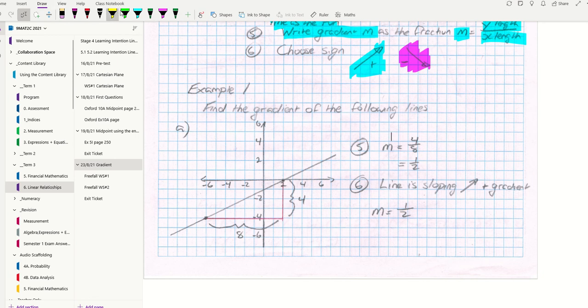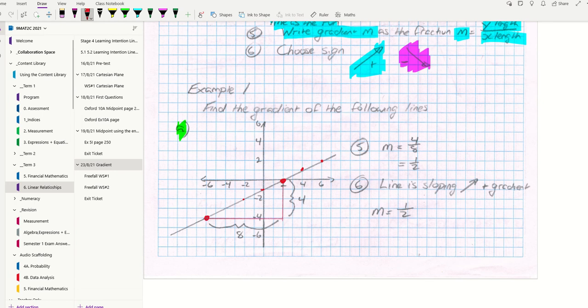In our first example, we're going to look at the gradient of the following lines. A, we're in. So when we look at this, we're going to look for where this line is going exactly through points, and you can see there's a few here. I could choose any of those, but I chose this one and this one.